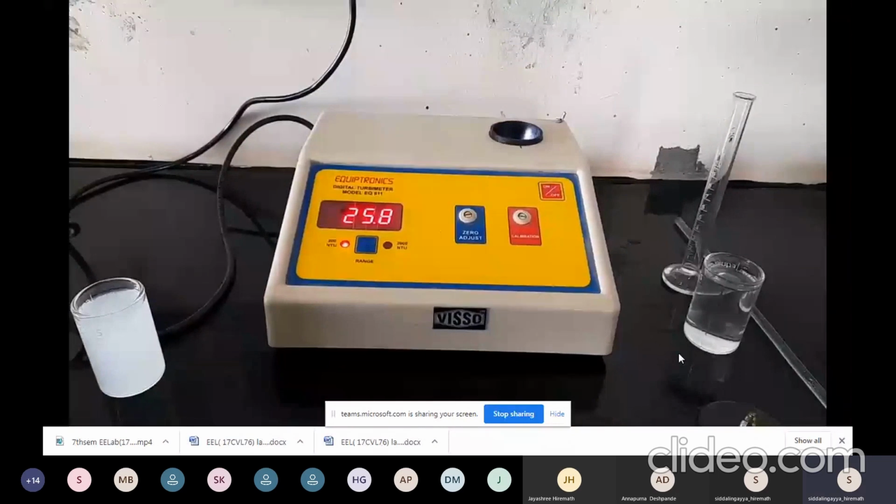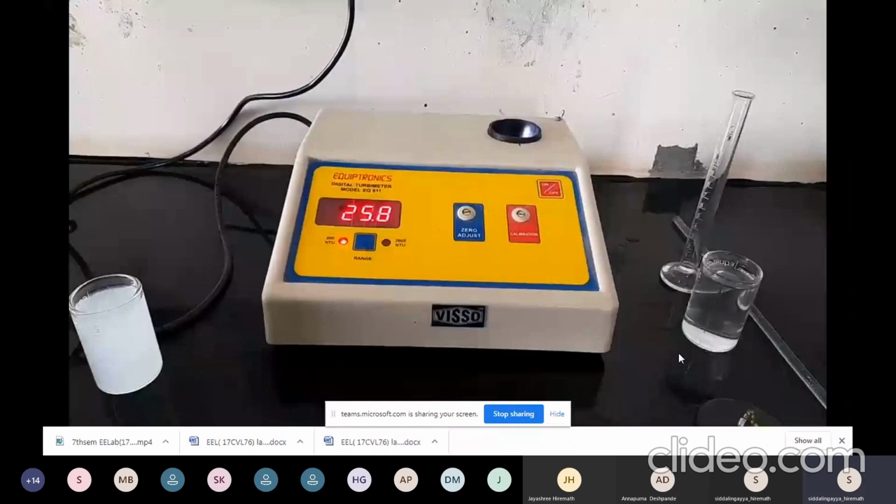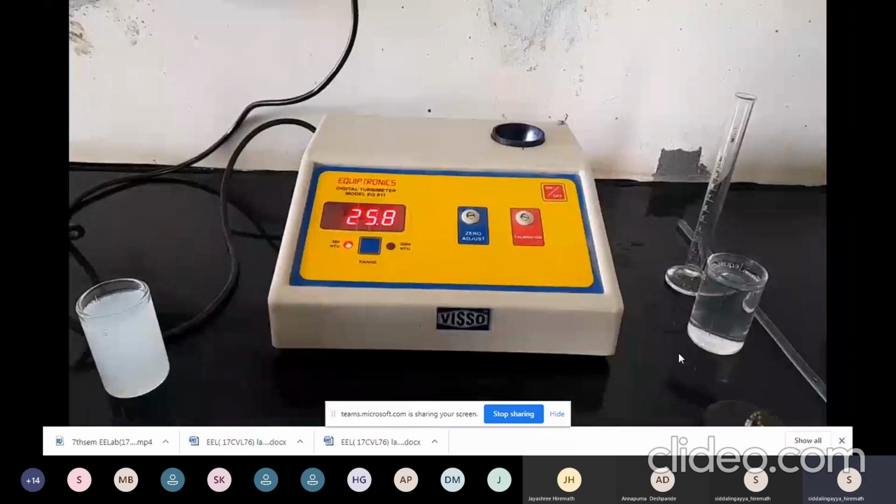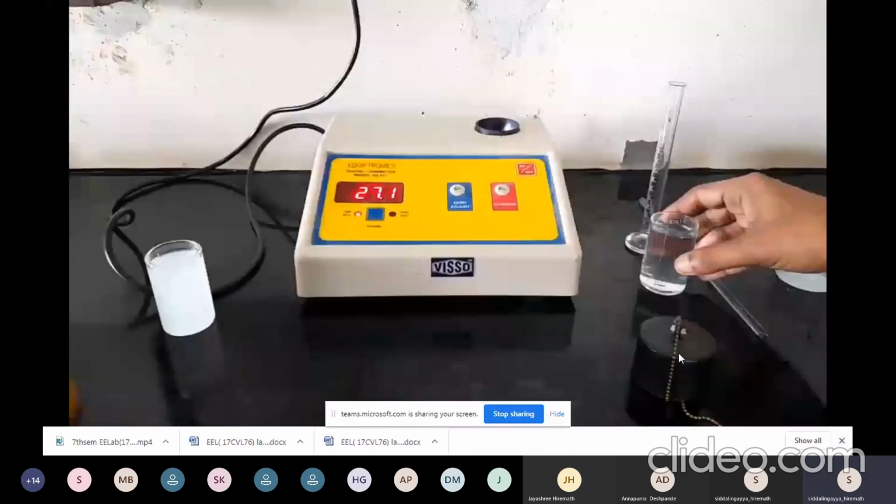Now take the sample of water to be tested for turbidity in a beaker of the instrument. Before that, just shake the water to be tested well to remove any air bubbles present in the water.